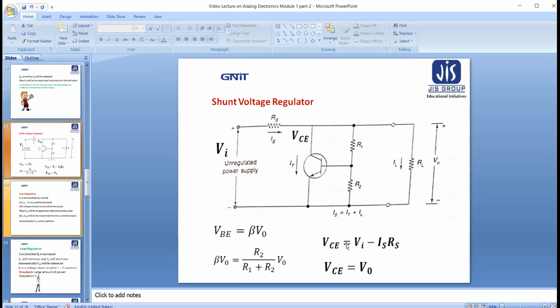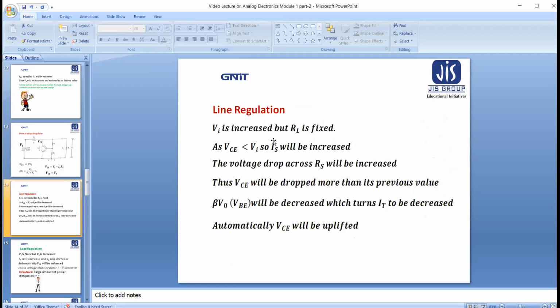So due to the major difference between VI and VCE, the IS·RS product will also be increased. So IS will be increased. Once IS is increased, it produces a larger drop across RS, and VCE will be dropped more than its previous value.